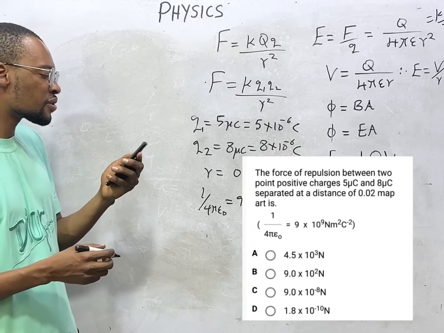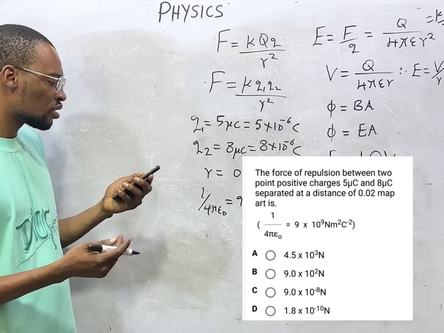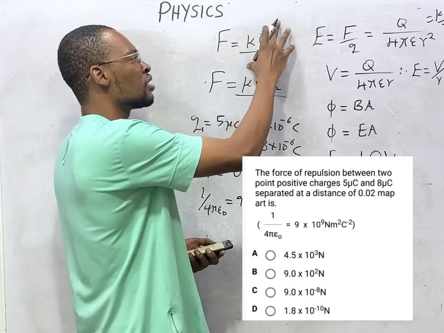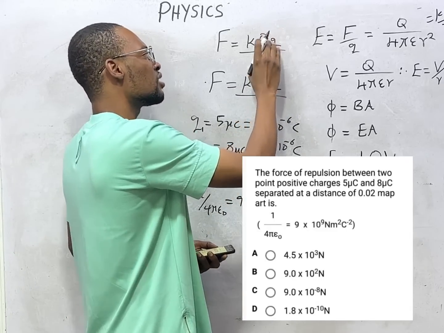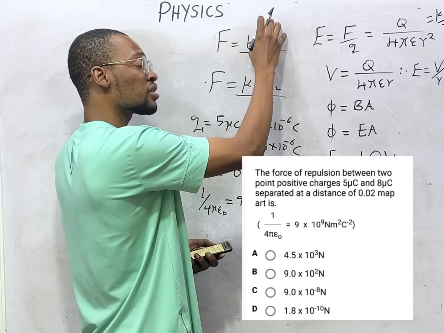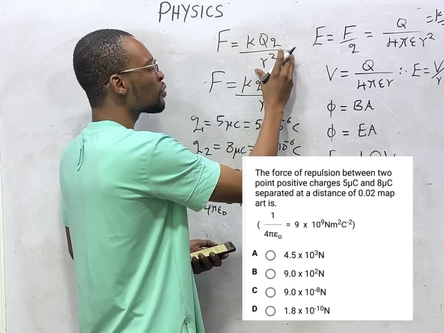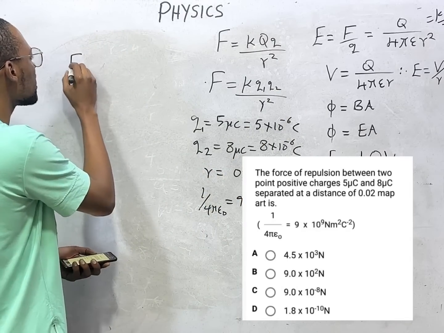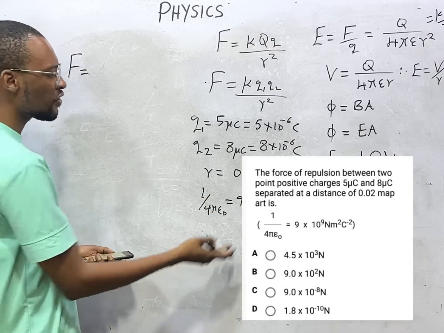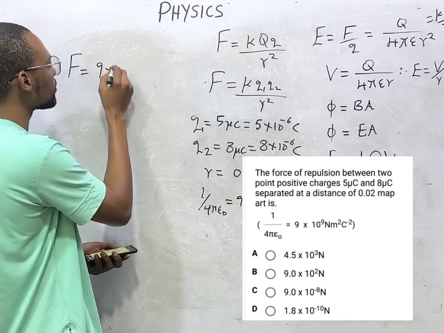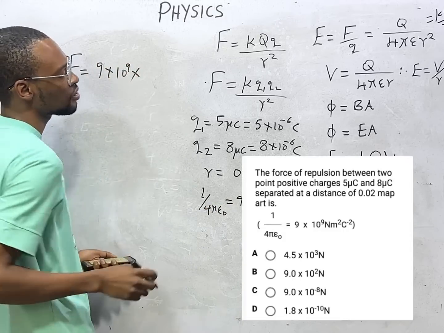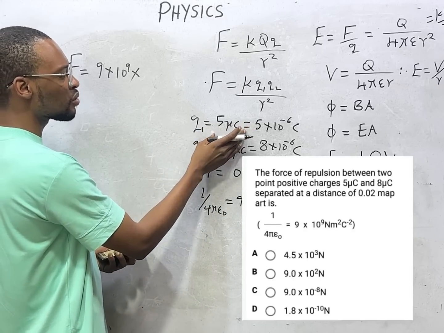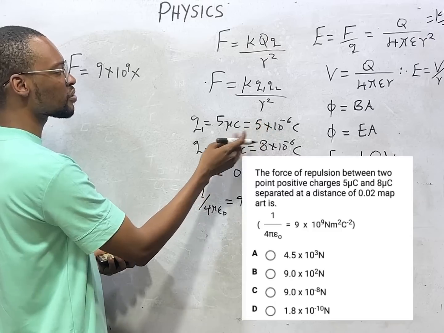We are looking for the force of attraction. From Coulomb's law, the force of attraction or repulsion between 2 point charges is proportional to the product of their charges, and inversely proportional to the square of their distance apart. So, from the data we have so far, we have k to be 9 times 10 to the power of 9 times, we have the first charge 5 microcoulomb, that is 5 times 10 to the power of minus 6 coulomb.